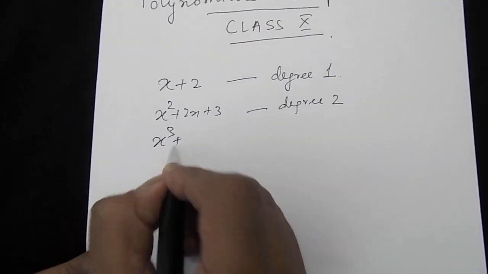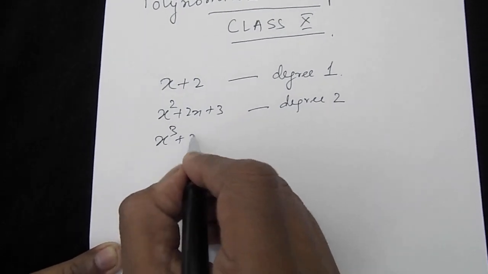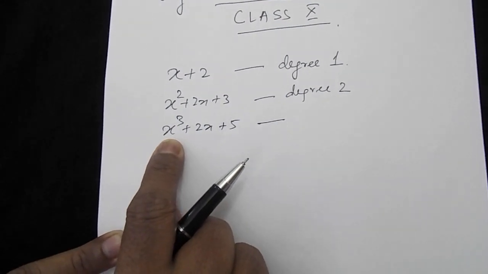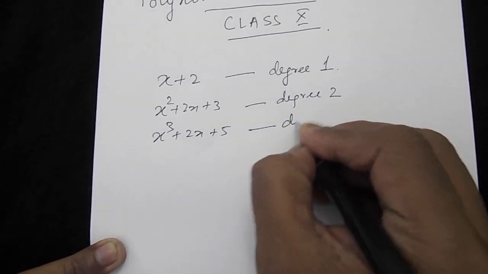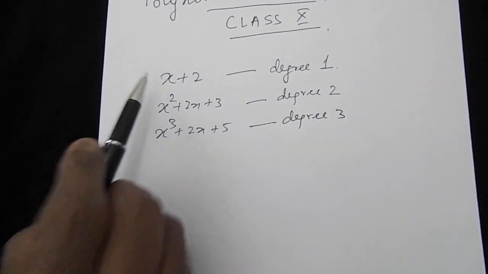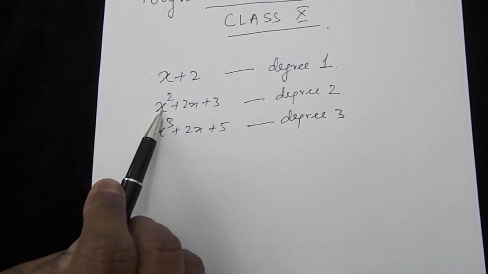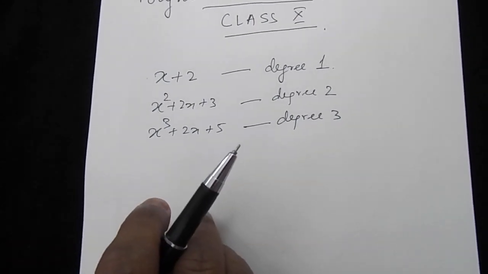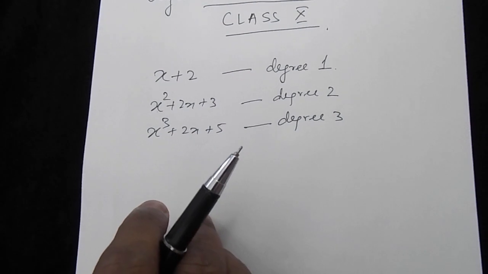Like this, if there is a polynomial x cube plus 2x plus 5, the highest power is 3, so the degree is 3. This is called a linear polynomial, this is called a quadratic polynomial, and when the degree is 3, it is called a cubic polynomial.